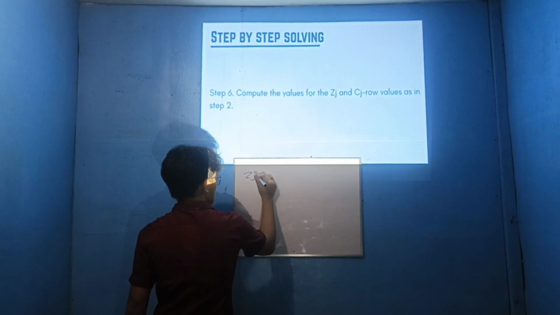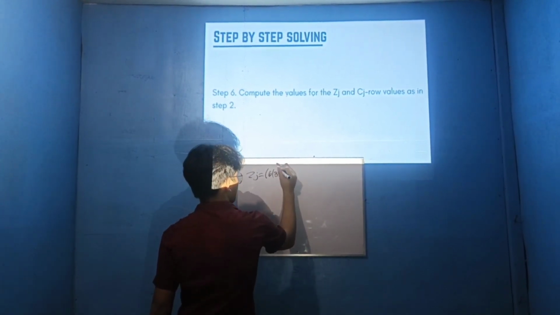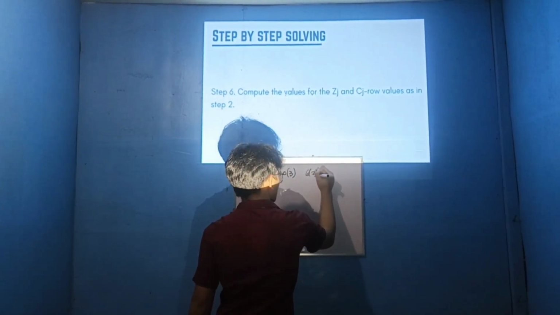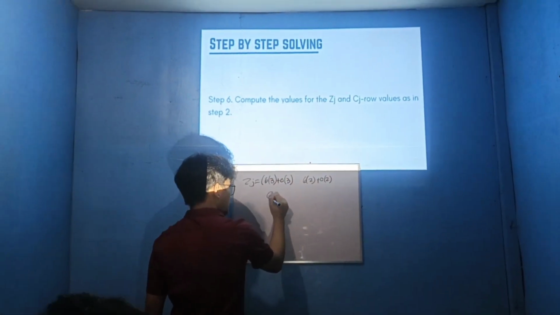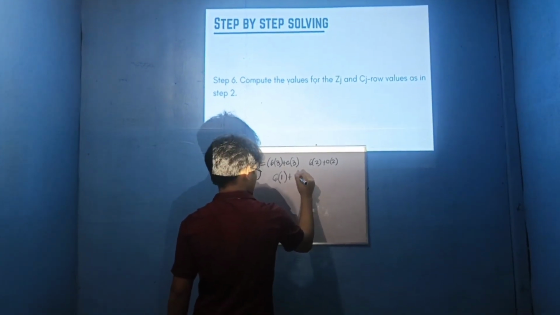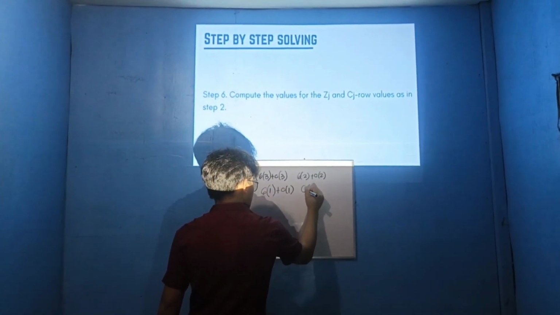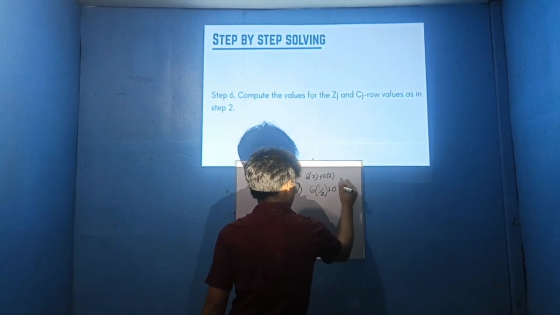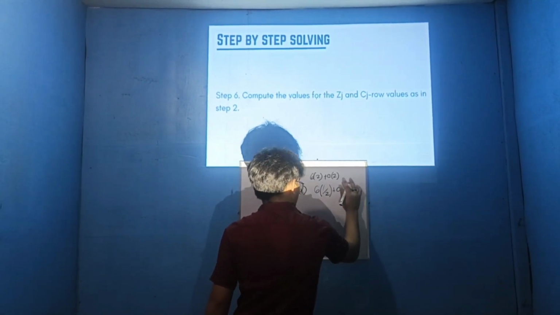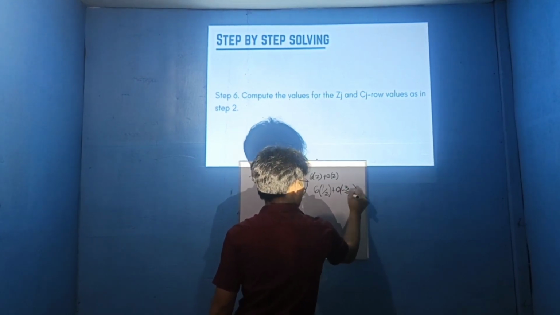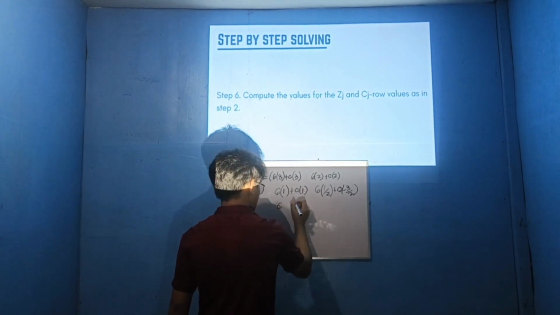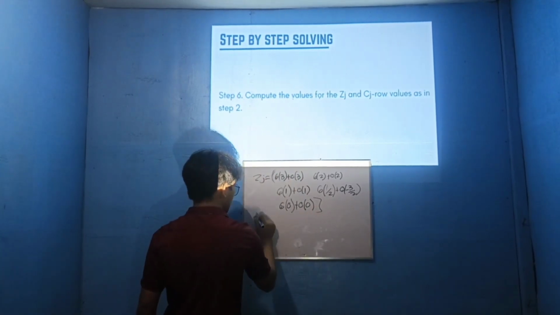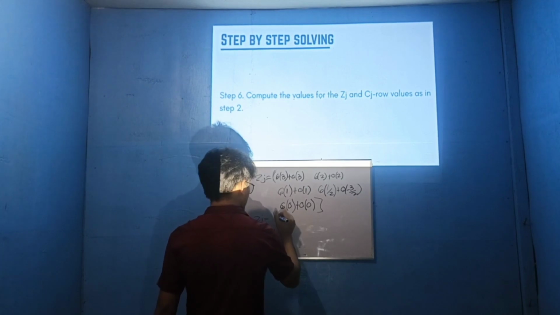We need to compute our zj, which is equal to 6 times 3 plus 0 times 3, and 6 times 2 plus 0 times 2, and 6 times 1 plus 0 times 1, and 6 times 1 half plus 0 times 1, and 0 times negative 3 over 2, and 6 times 0 plus 0 times 0. And our zj is equal to 18.